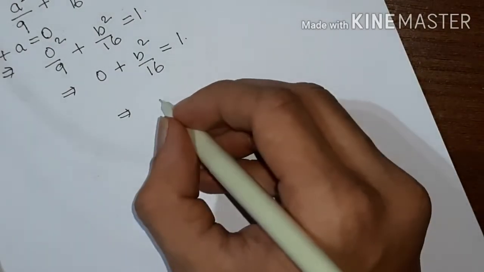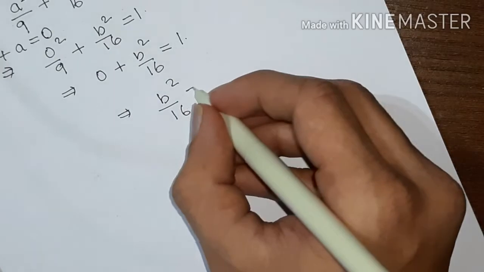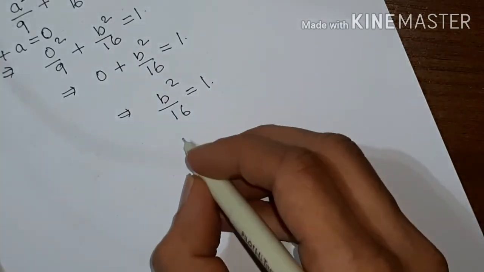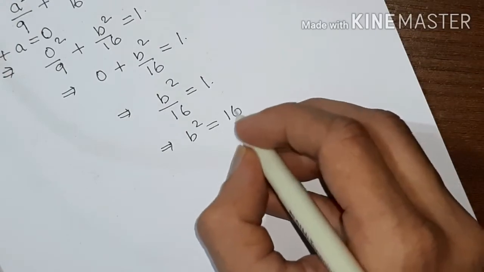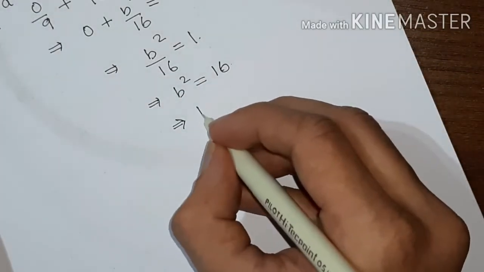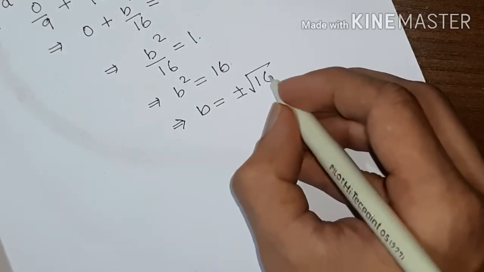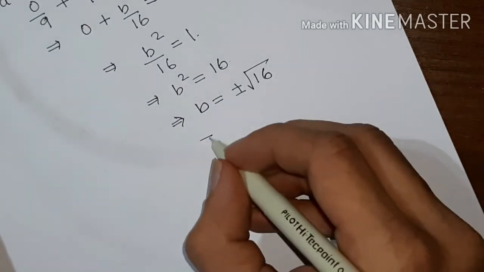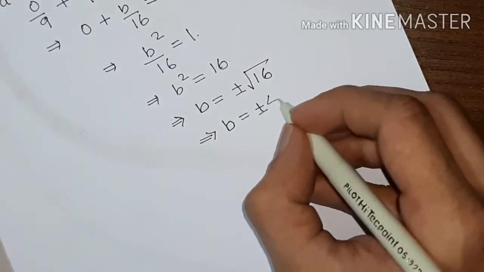So you get b square divided by 16 is equal to 1. That means b square is equal to 16, right? So b is equal to plus or minus root of 16. So that means b is equal to plus or minus 4.